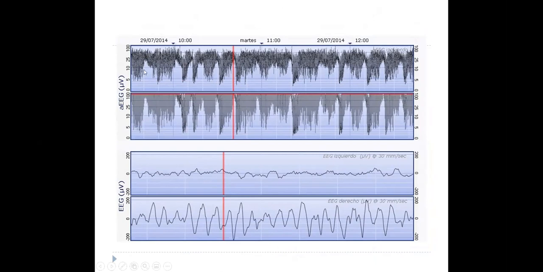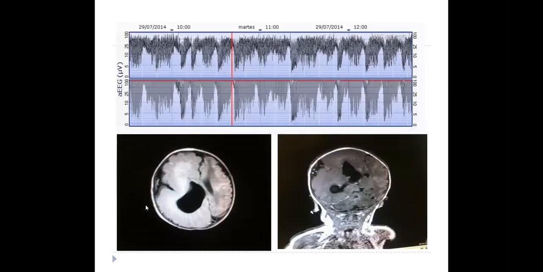In the EEG you can see this activity more clearly than on the right side, but it's very important to make this evaluation of the EEG and the raw EEG to demonstrate what the main generator of seizures is. In this case, the right side.